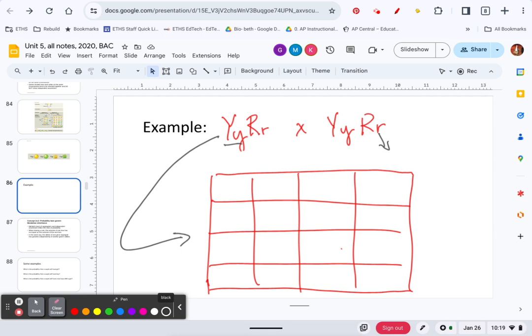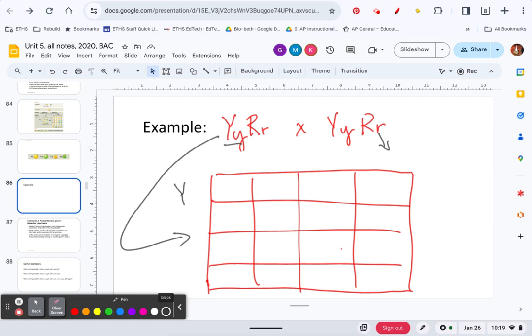So I could pass down a big Y, and that would be the only allele for that trait. Remember, those homologous chromosomes separate, and we only give one of our homologous chromosomes. One of them here is big Y, and one of them is small y, and I just chose big Y. What could my second letter be?